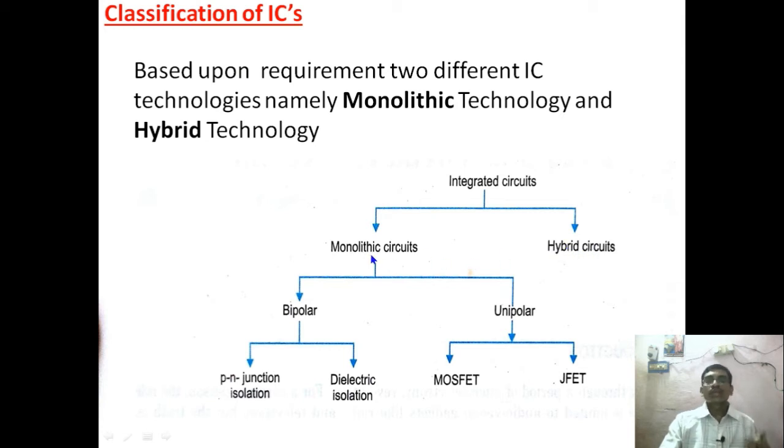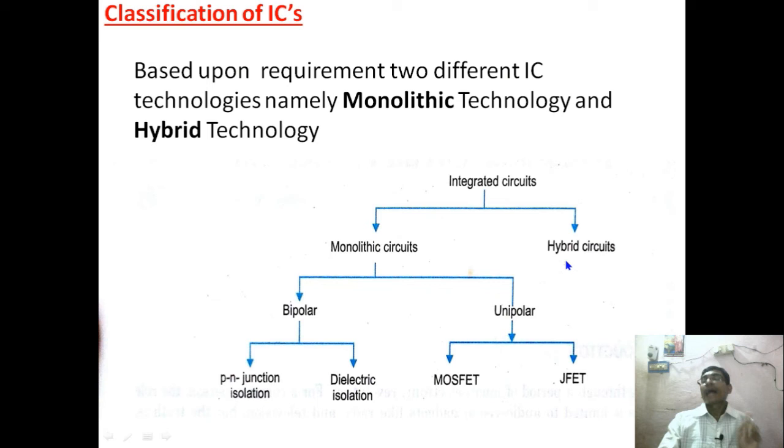In monolithic IC circuits, mono in the sense single, all components are fabricated on a single chip. The entire circuit is fabricated inside one chip only.